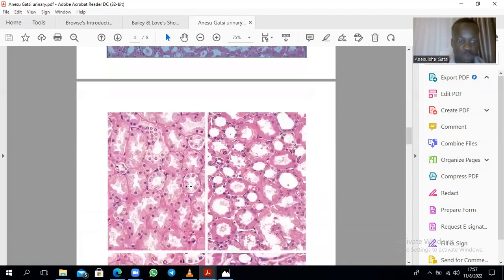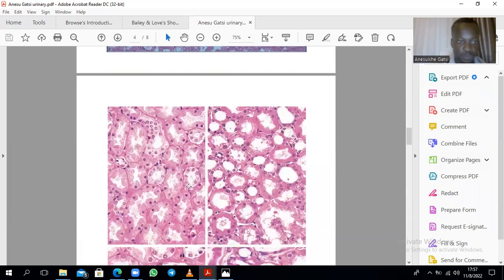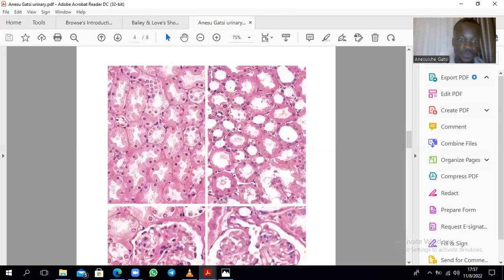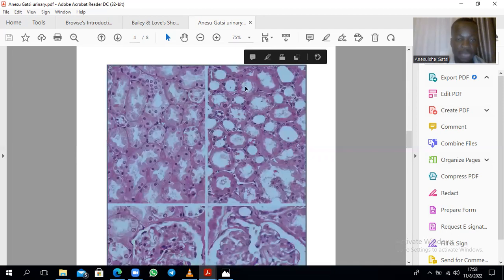If you look at this one, that's a high magnification now, where we can clearly distinguish the DCT from our PCT. For example, this here is a proximal convoluted tubule. We can see a brush border right on the inside there, and that lumen doesn't appear empty.